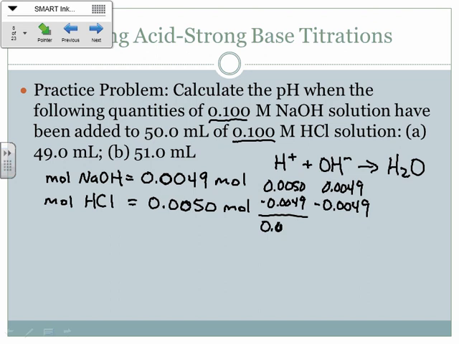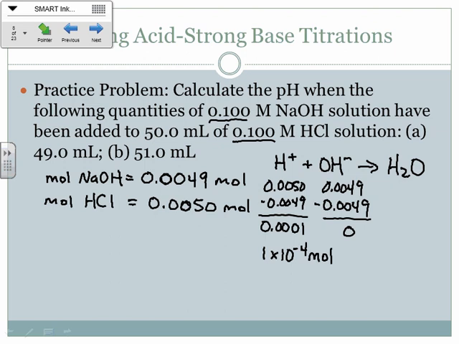I'm left with 0.0001 moles of the H plus, okay? And that's it. The rest of it has reacted together, been converted into H2O, which we don't care about at that point because it doesn't change the pH. So this is all I have left of my H plus, which can be written in another way. 1 times 10 to the negative fourth moles.